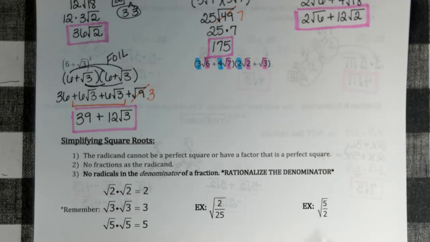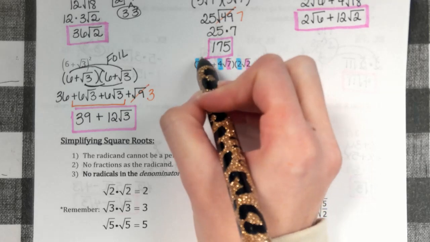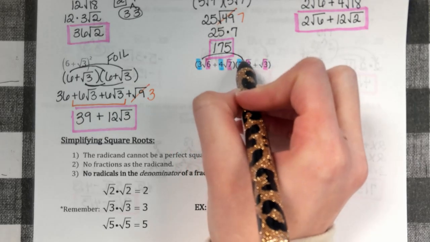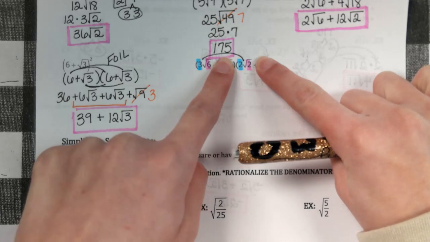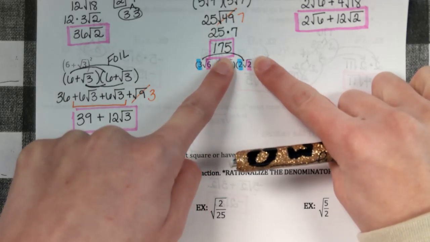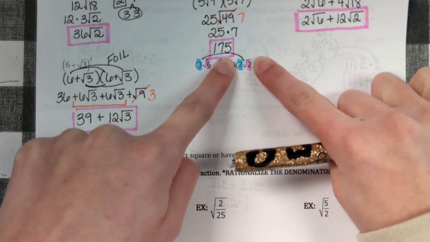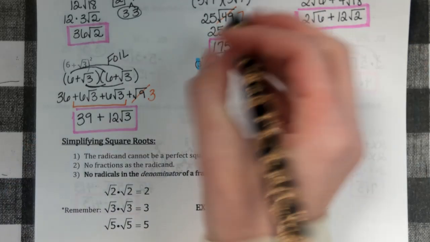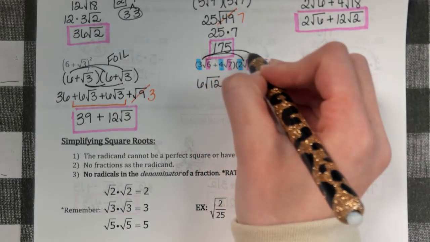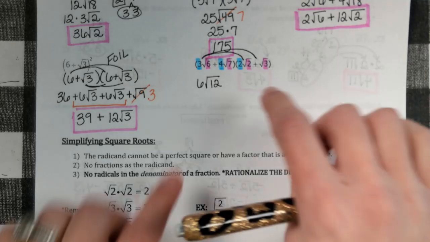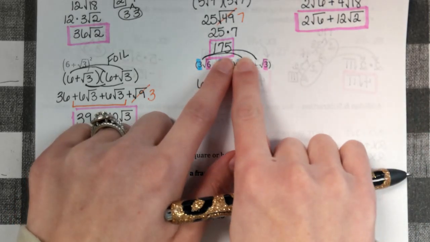Okay. So when I multiply 3 square root of 6 times 2 square root of 2, I'm going to cover up what I'm not looking at. 3 square root of 6 times 2 square root of 2, what will that give me? 6 square root of 12. Very good. And then 3 square root of 6 times square root of 3. 3 square root of 18.